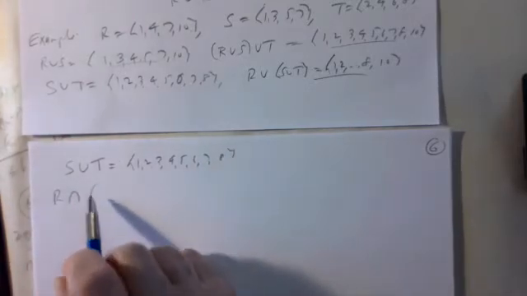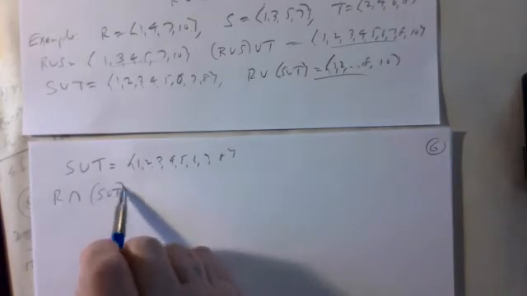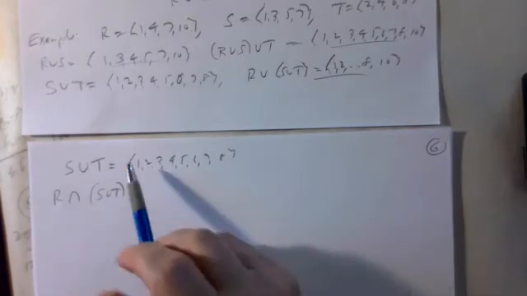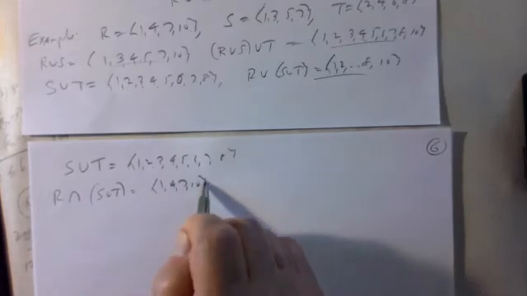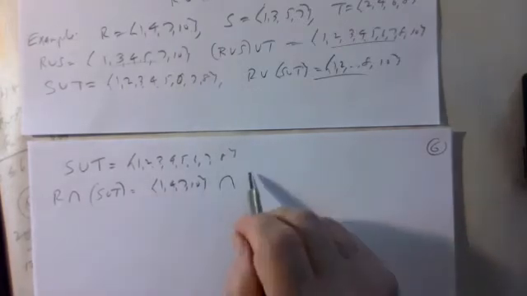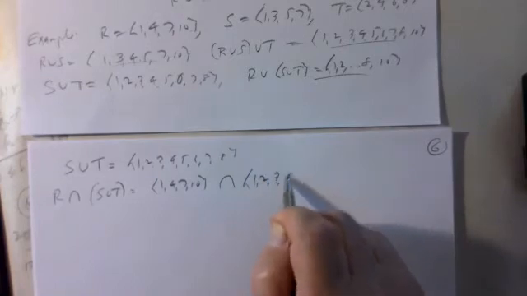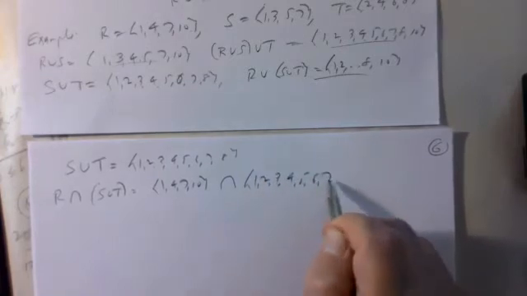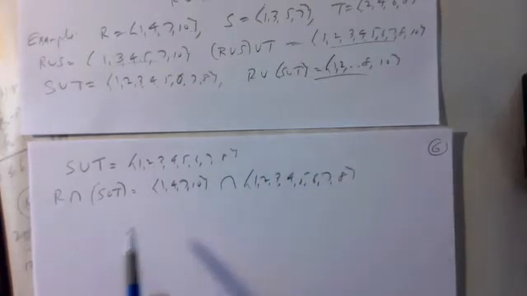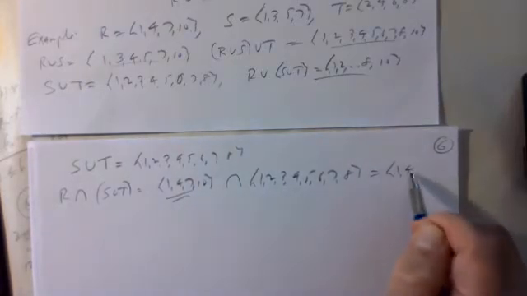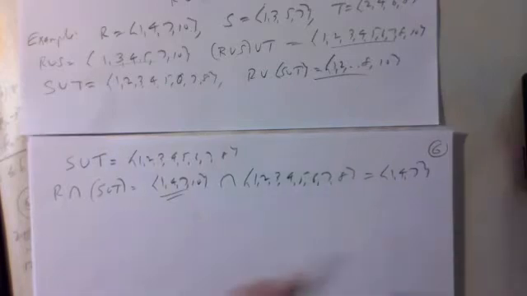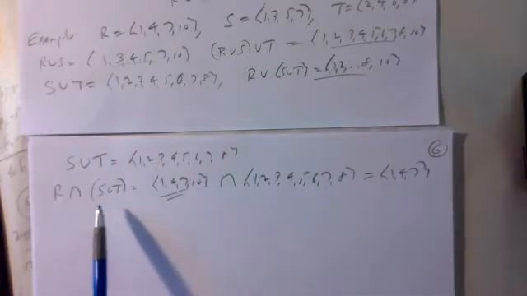And R intersect S union T. What is the set R? 1, 4, 7, 10. Intersected with S union T, that's the numbers up to 8. What they have in common are just 1, 4, and 7. So R intersect S union T is 1, 4, and 7.